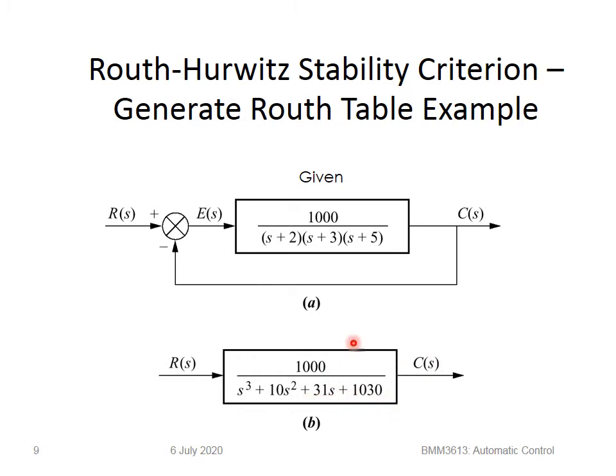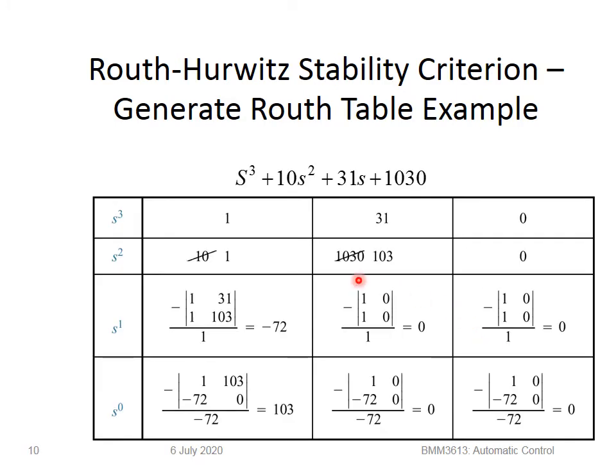So please try to do this. Once you have this transfer function, what you need to do is fill in the Routh-Hurwitz table. Here we have the denominator of that transfer function: s cubed plus 10s squared plus 31s plus 1030.